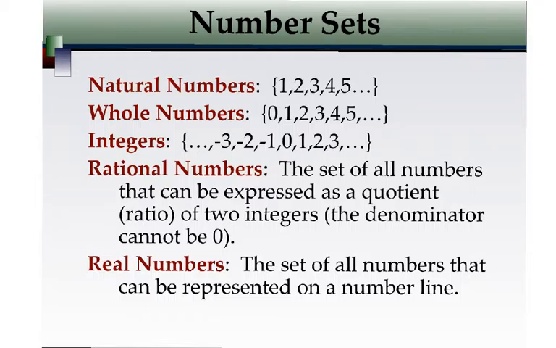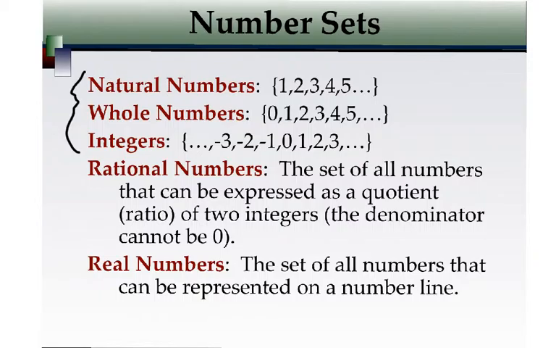And then rational numbers, the set of all numbers that can be expressed as a quotient, a fraction, okay? And even including all of these up here, these can be represented as fractions too. Everything can be put over the number 1.